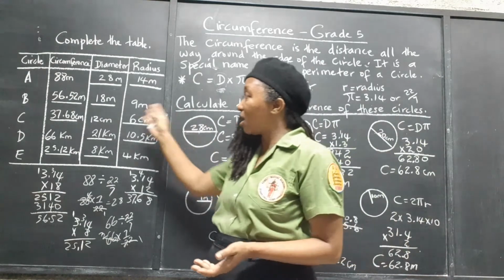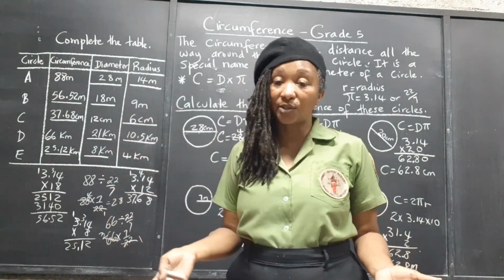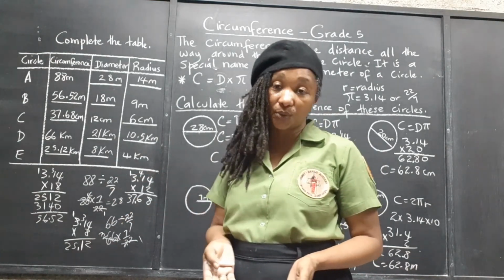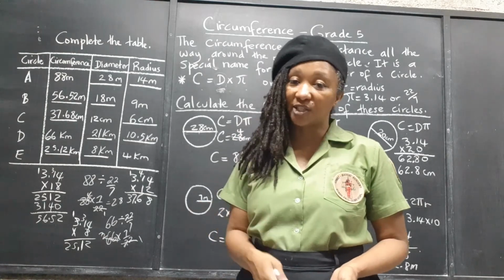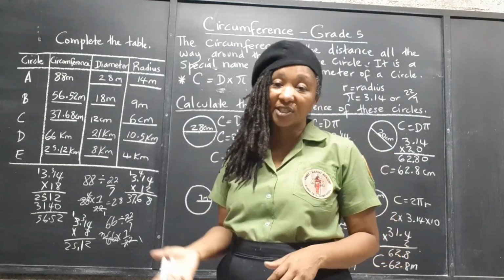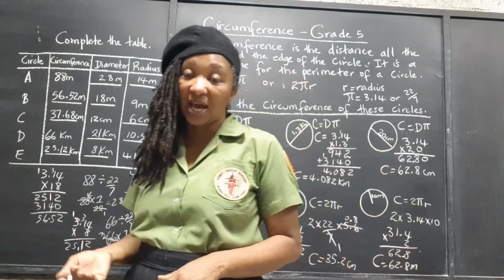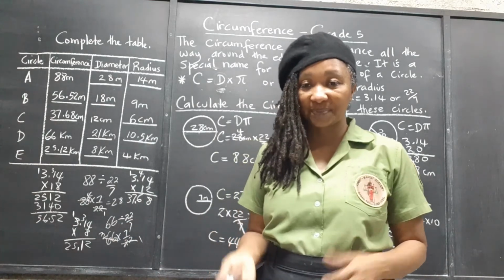Depending on what they gave us in the table, we just did what we had to do. If they gave us the radius, we multiplied it by 2 to get the diameter, then multiplied the diameter by pi to get the circumference. If they gave us the circumference, we divided it by pi to get the diameter and divided the diameter by 2 to get the radius.